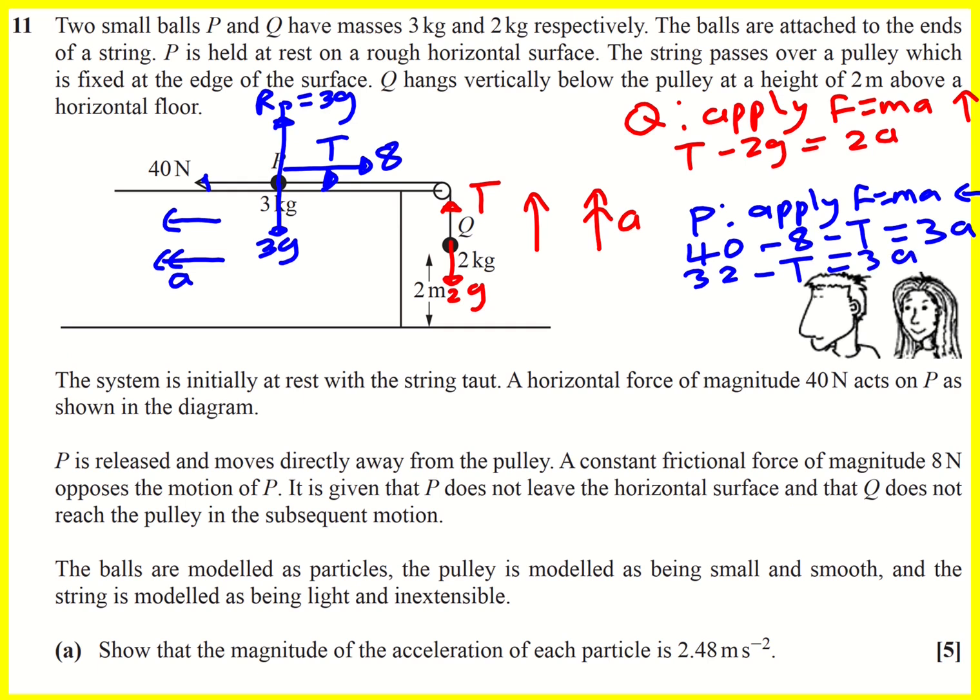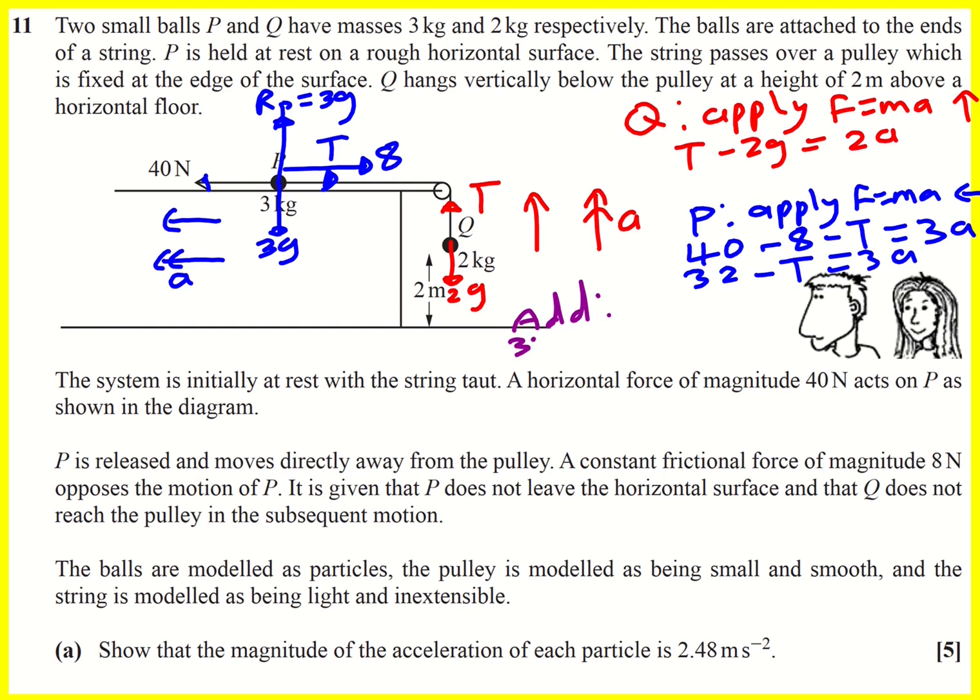This is a very standard set of simultaneous equations for connected particles. You end up with one of them with a plus T in it and one of them with a minus T in it. So what we can do is just add the two together very quickly to get rid of T, because we're being asked for the acceleration. Adding will give, these will cancel.